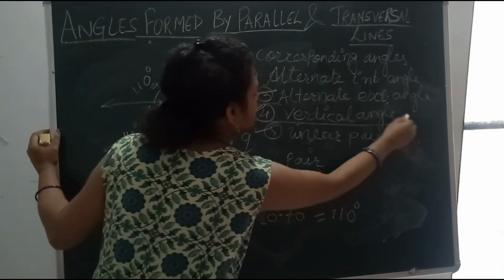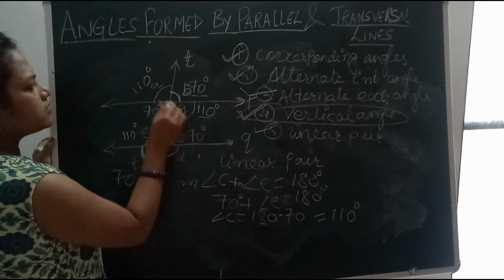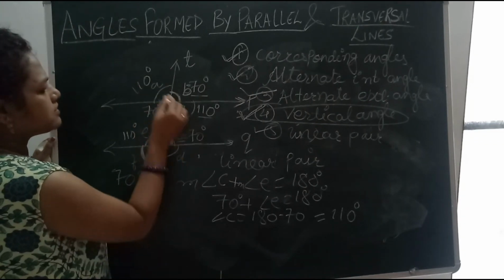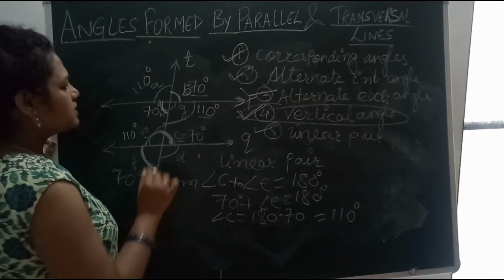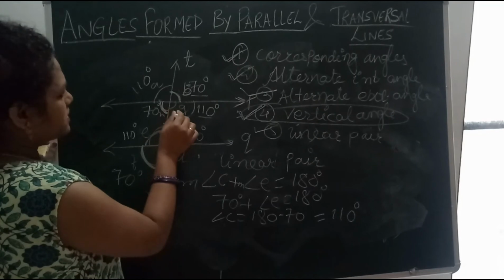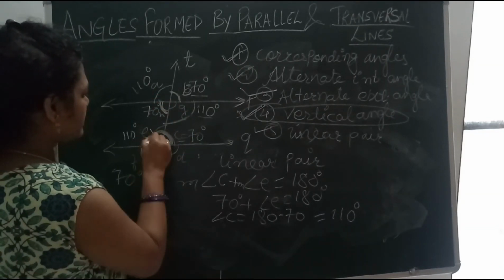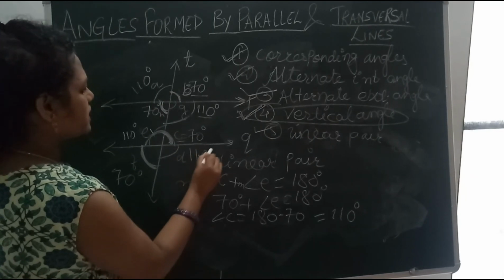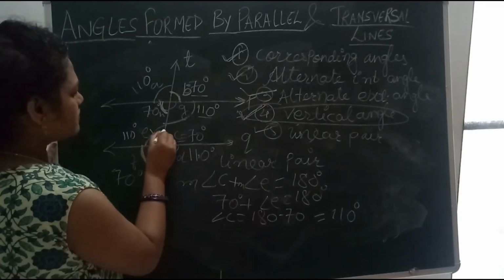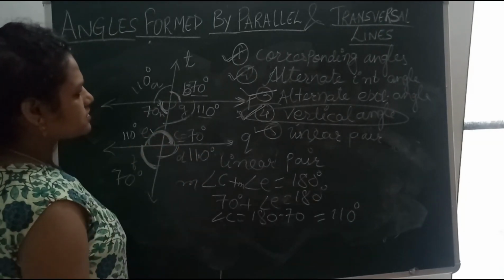As this is 110 degrees, this can be again 110. How? By vertically opposite angles, vertical angles. Got it? So these two are vertically opposite angles. As this is 70, again this is 110, this is again 110. Again vertical angles.